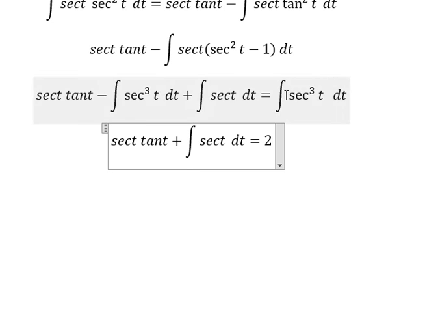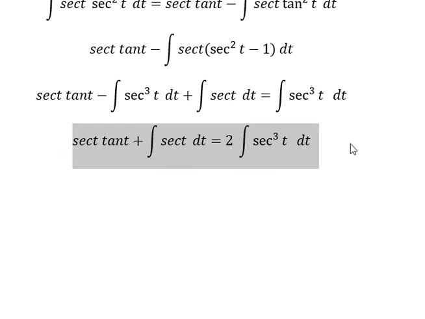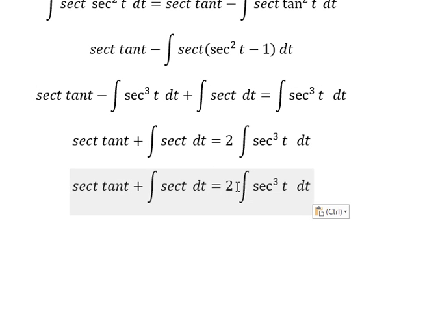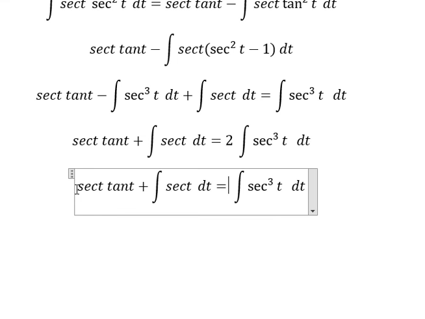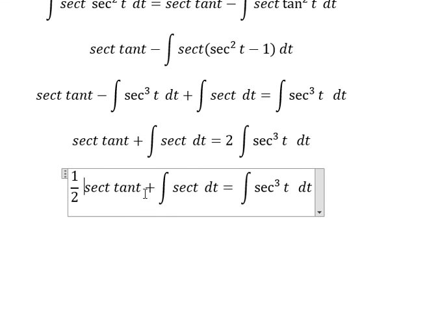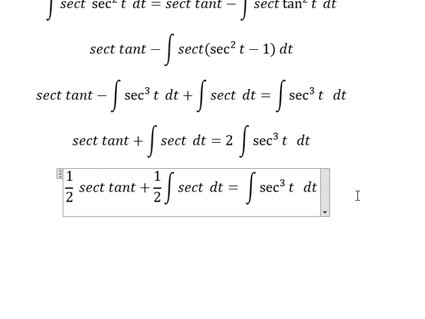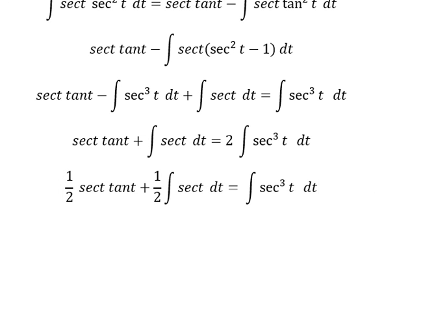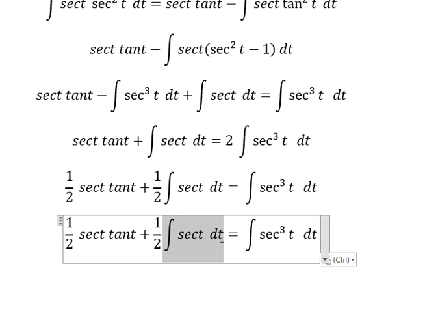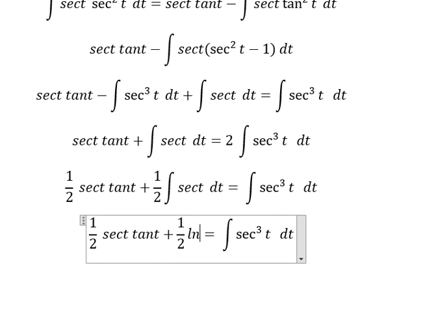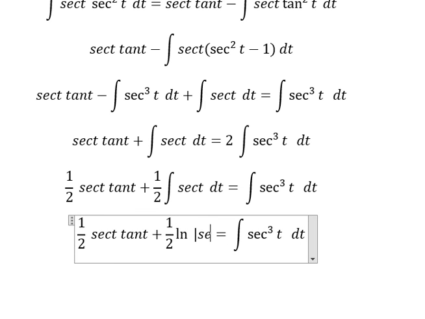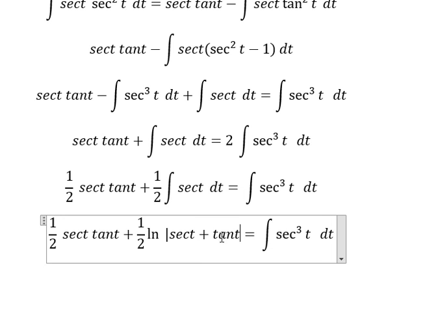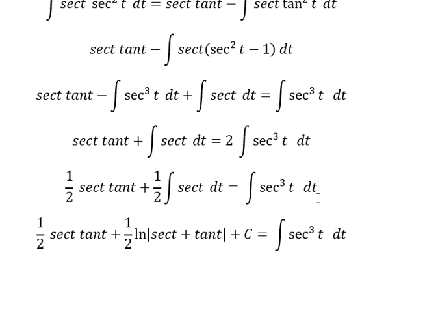And we have number 2 with this integration. Next, we divide both sides by number 2. The integration of this one, that is ln of the absolute value of secant of t plus tan t. And we put plus c.